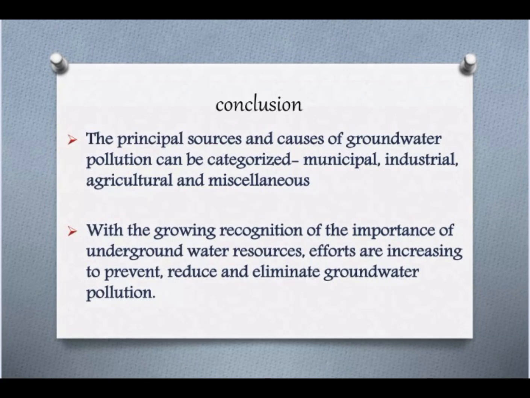So again, the principal sources and causes of groundwater pollution can be categorized into municipal, industrial, agricultural, and miscellaneous. With the growing recognition of the importance of underground water resources, efforts are increasing to prevent, reduce, and eliminate groundwater pollution. And that's all for my part.